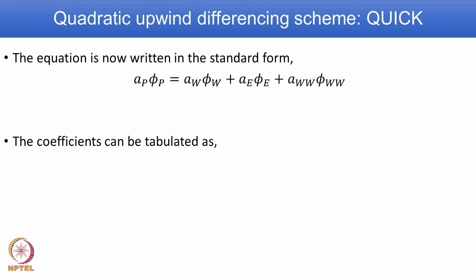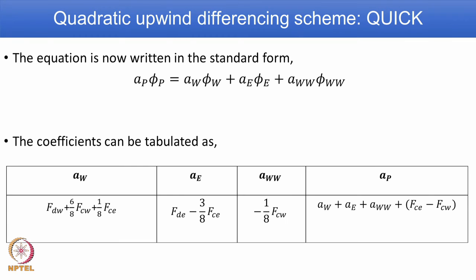As we did in the case of the diffusion equation, this equation is also now written in the standard form as shown here: AP phi P equal to AW phi W plus AE phi E plus AWW phi WW. If you are able to recall, compare this expression with the expression that we obtained for the central differencing scheme or pure upwinding, and we can tabulate as we did in the case of the diffusion equation.